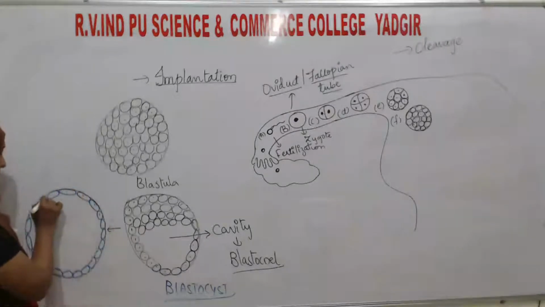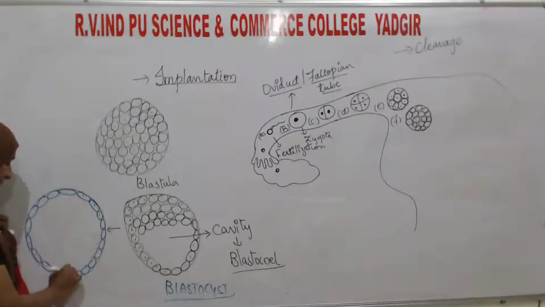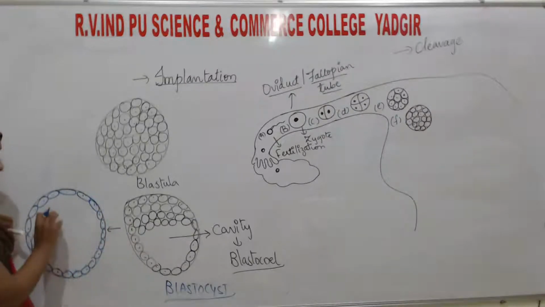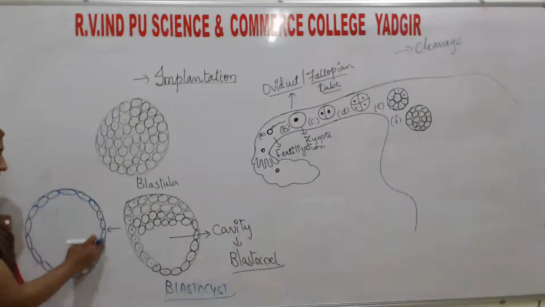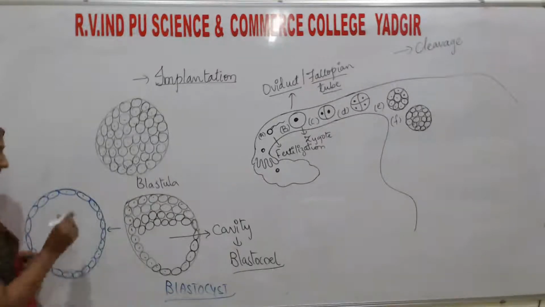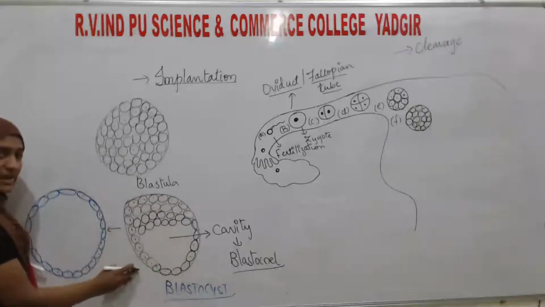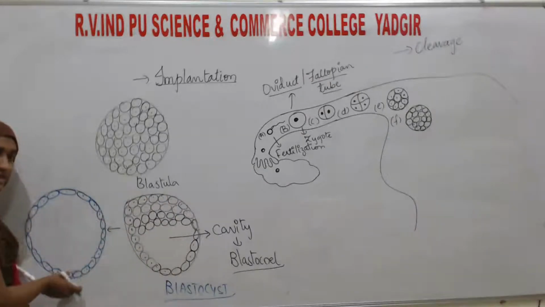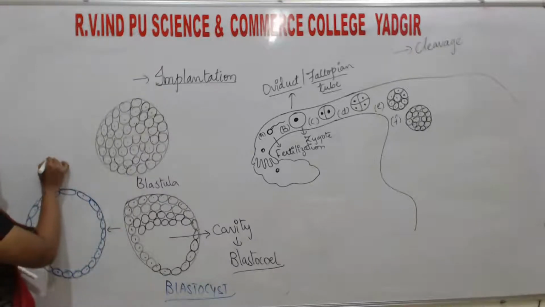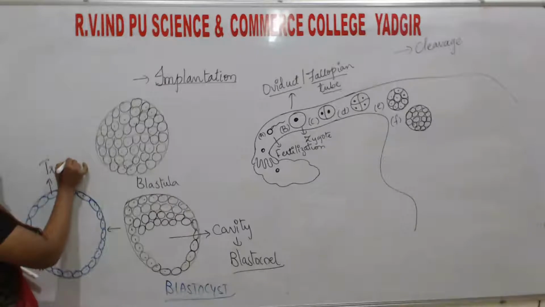This layer of cells present at the peripheral layer, surrounding the blastocyst, we can call the trophoblast cells. These cells will become totally flattened and arrange themselves at the peripheral layer. So these cells are known as the trophoblast cells.